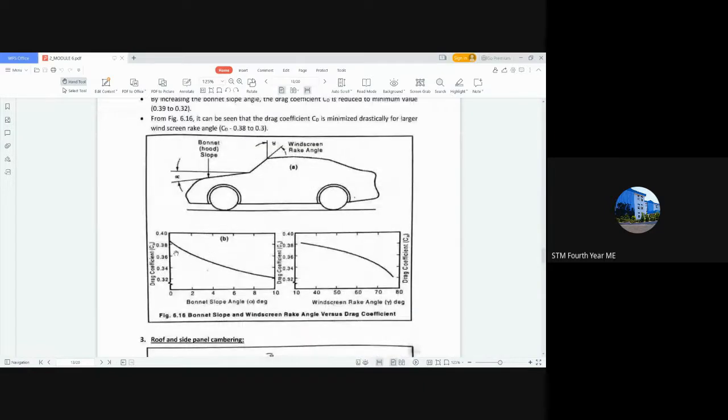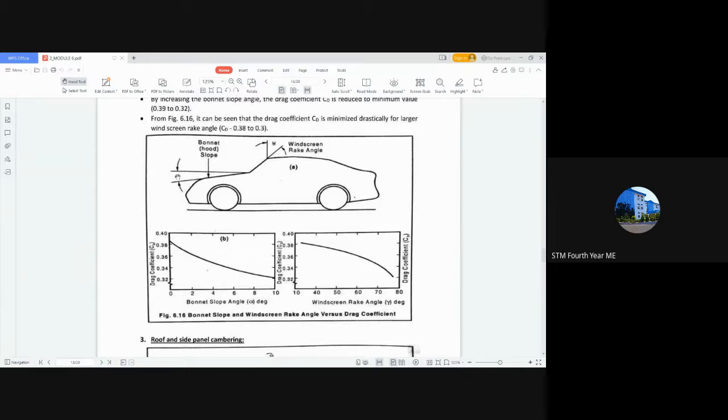So you can see here, on increasing the bonnet angle, this is the bonnet slope angle, and this is the drag coefficient. You can see CD is greater when the bonnet slope is 0. When the bonnet slope is 0, the horizontal and the bonnet are equal, so CD at that point will be much greater compared to a bonnet slope angle of 10 degrees.